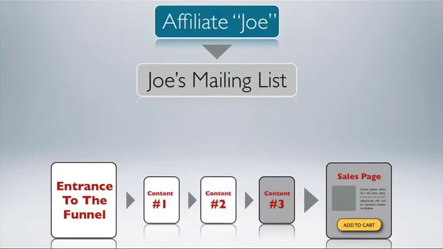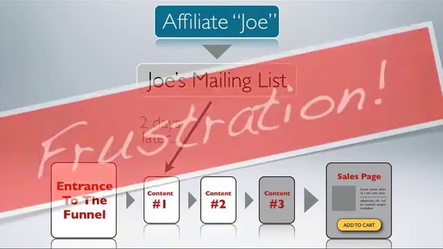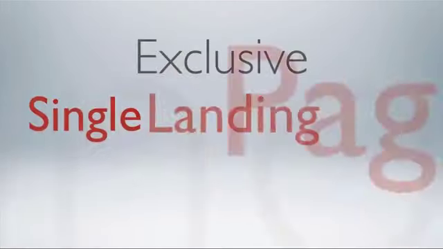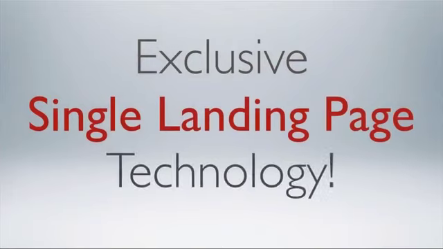Some people will read their email 2 or 3 days later, and they will be directed to a post that's not the latest one anymore in the launch sequence, because by that time you might have already released a newer post. All in all, this discoordination is a real issue that all product launch marketers do indeed suffer from, which is why we've introduced our exclusive single landing page technology.